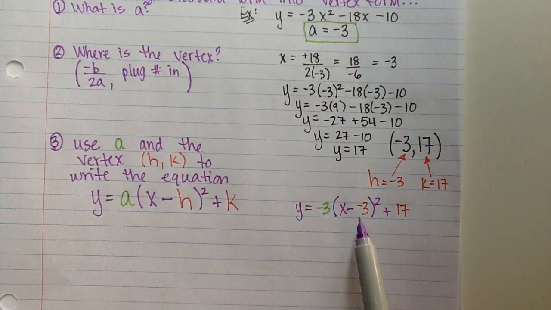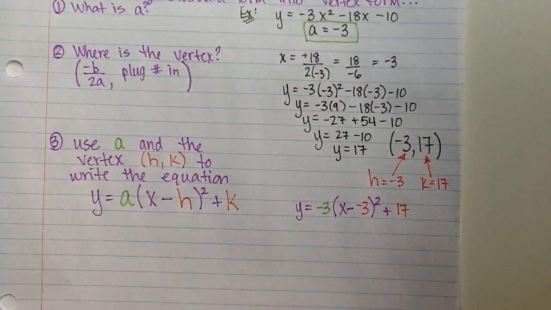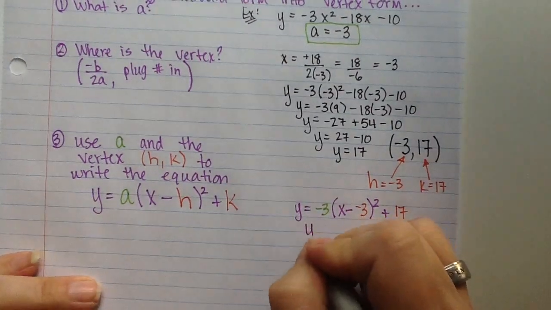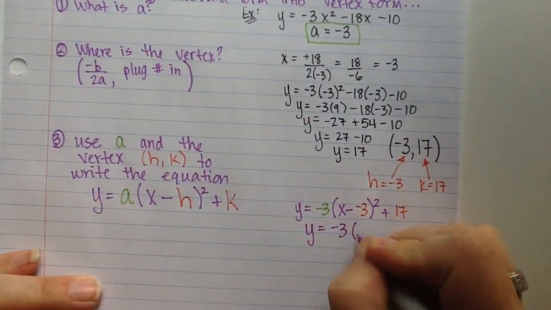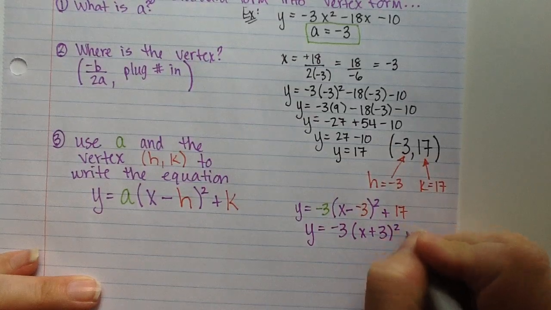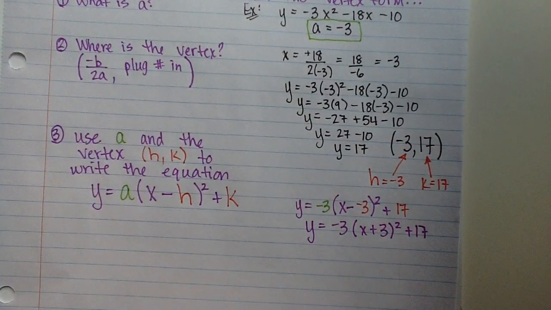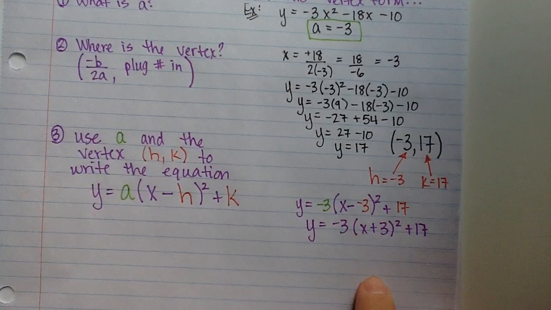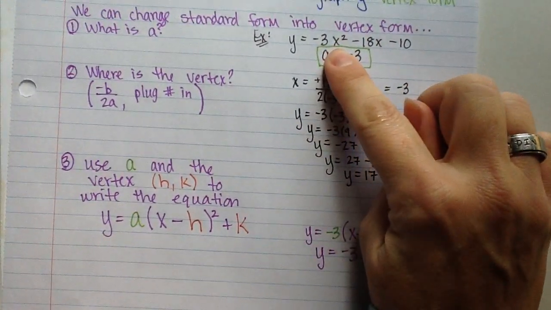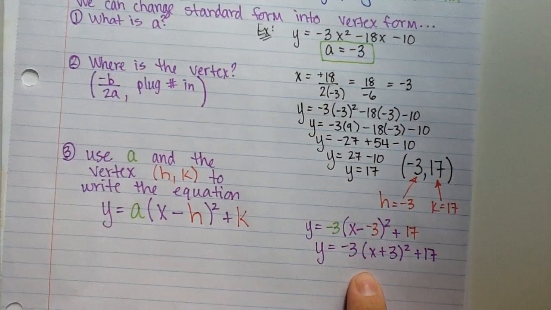Now I don't want to leave that x minus negative 3 because that looks kind of funny. So I'm going to go ahead and fix that and make it y equals negative 3 times x plus 3 squared plus 17. And now I've changed my equation from standard form to vertex form.